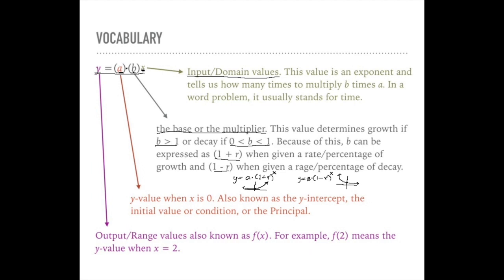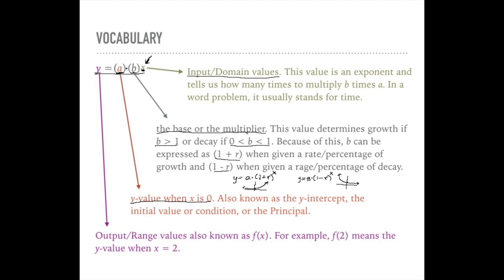Our y value when x is 0 is what we let our a value equal. Our a is where our starting point goes. More specifically, especially in word problems, since we can't have negative time, our x values can only be positive when we're dealing with time, which means our 0, 1 is our starting value.